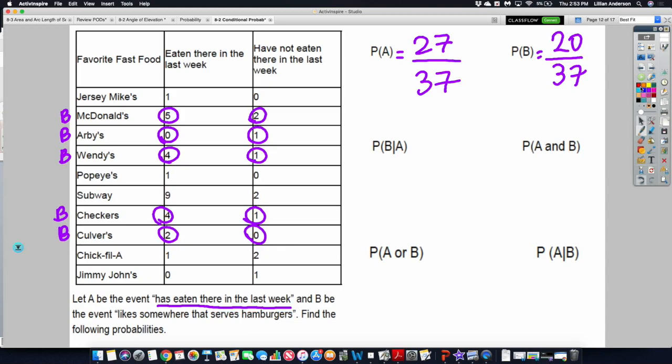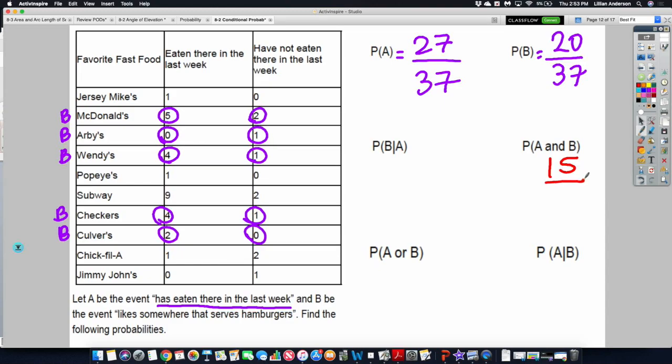How many? No, they're not independent, so they can't multiply. It's 15 out of 37.